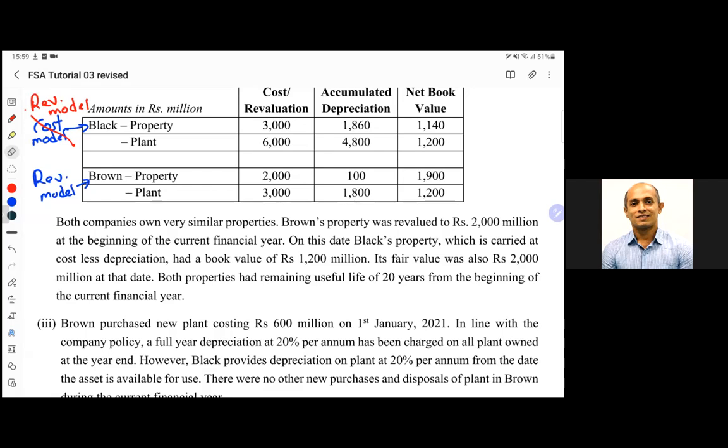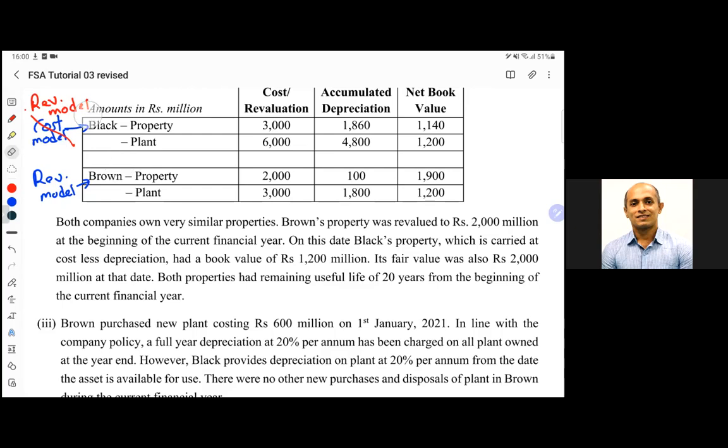Then bring Black's property to the revaluation model.